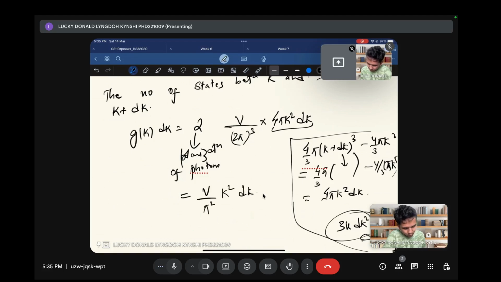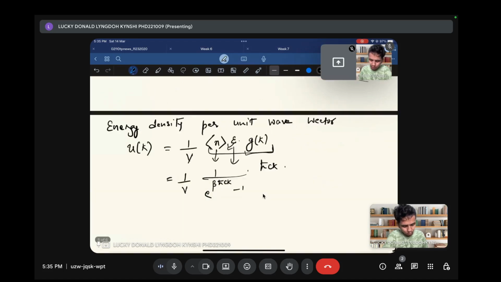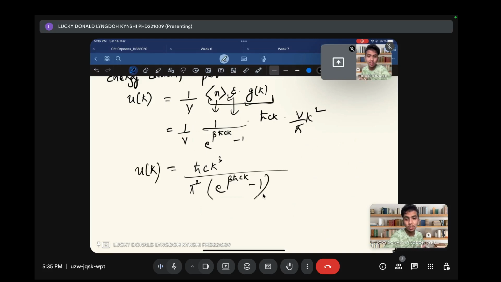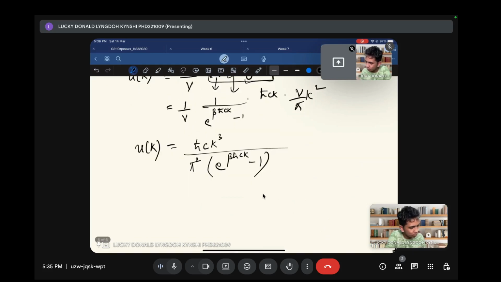So if you solve this one, you will get h cross c k cubed by pi square, e to the power of beta h cross c k minus 1. This is the energy density per unit wave vector. We are not talking here about k and k plus dk. If you have to find it per unit k plus dk, then you just multiply with your dk.